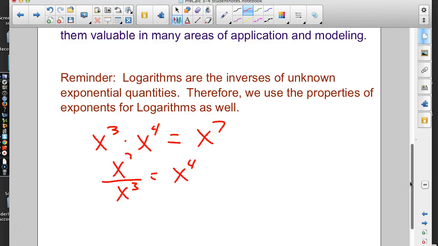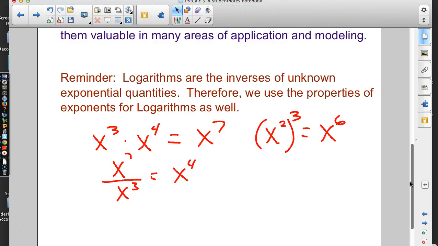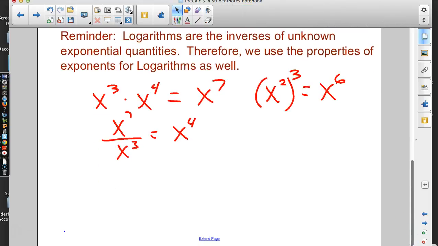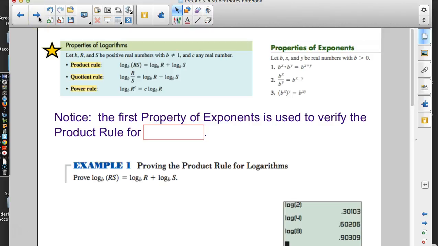So division in logarithm language is going to be subtraction. And then we learned when you raise a power to a power, you're supposed to multiply those exponents together. So in logarithm language, when we raise something to a power, we're going to use multiplication. So these are not new properties to us. It's just that it feels different when you use these for logarithms than it does for bases with exponents.